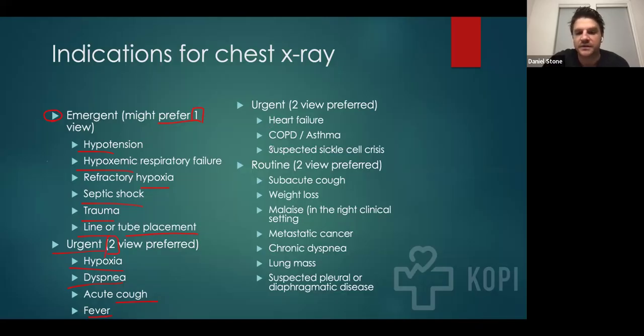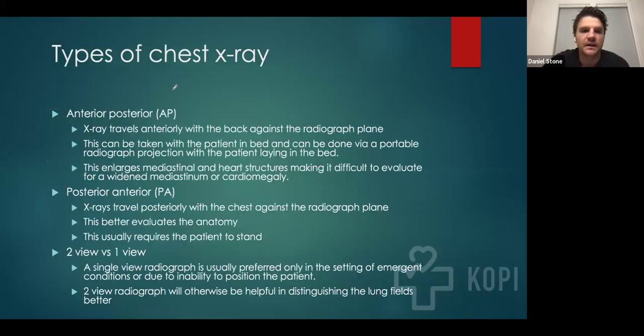You also want it for patients who could potentially walk, who has a suspected sickle cell, COPD, or heart failure exacerbation. And the same remains true for routine patients too. Patients who can potentially walk to the chest X-ray, you want to make sure that they get a two view if they can. And we'll talk a little bit more about why that is.